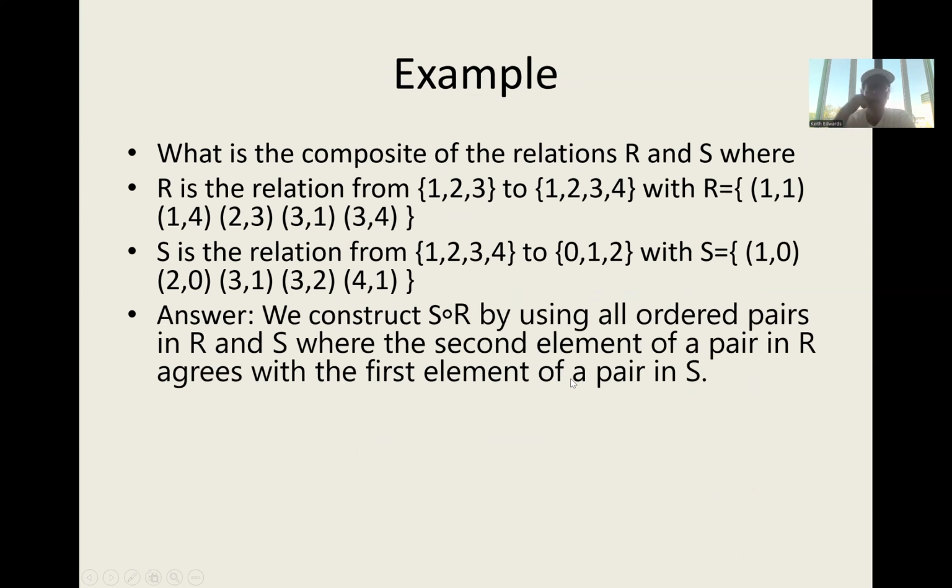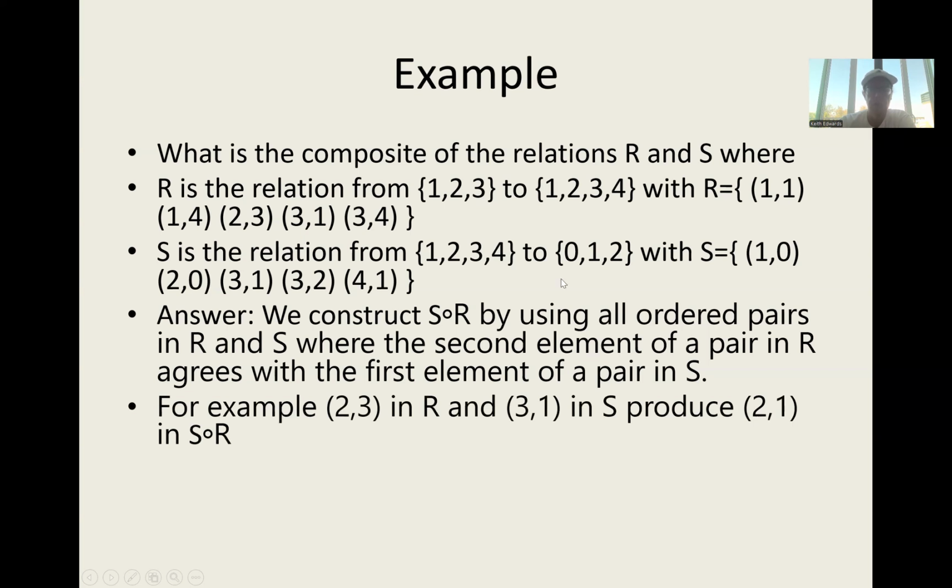Well, we look at all the ordered pairs in R and S where the second element of a pair in R agrees with the first element of a pair in S. So again, the second element in R agrees with a pair that's in S. So 1 agrees with 1 in the first two.